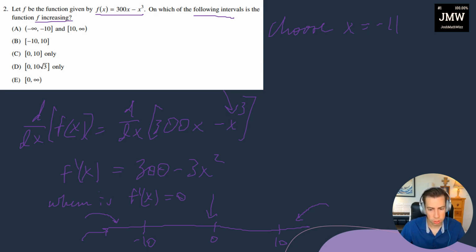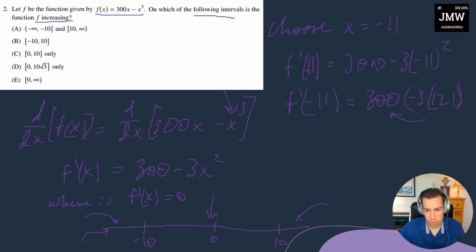All right, so if I set x equal to 11, then I will have 300 minus 3, and sorry, it should be negative 11. So negative 11 squared, well then at this point I have negative 3 times 121, and I know that this entire thing has to be greater than the 300, so to the left of negative 10, this is going to be negative.